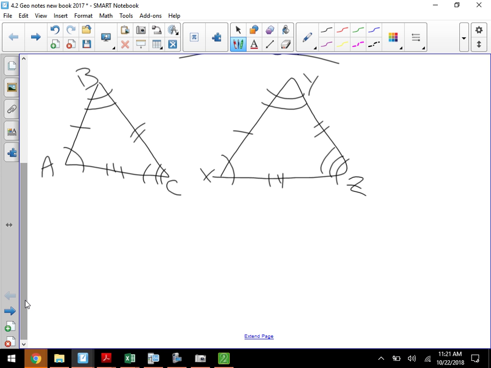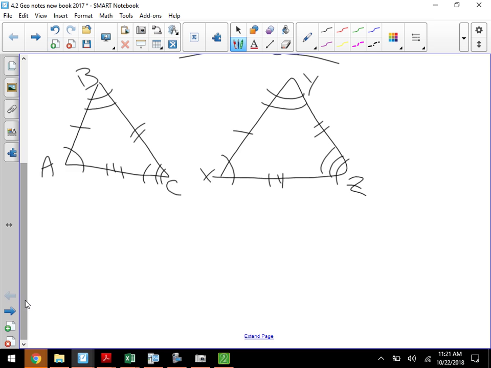If you use that to show that triangles are congruent, you have what's called the ambiguous case. It doesn't always happen; sometimes it works, sometimes it doesn't. So we just say there's no ASS in math. If you ever write down that triangles are congruent because of that, you're wrong. Write that down.